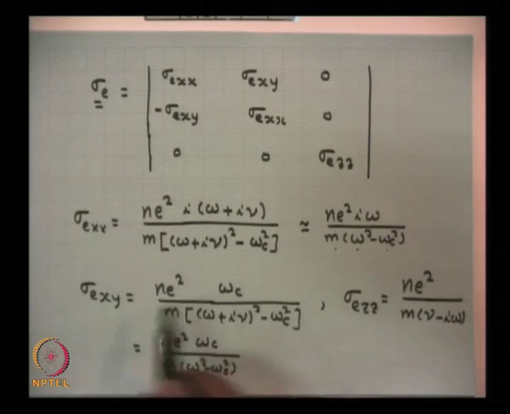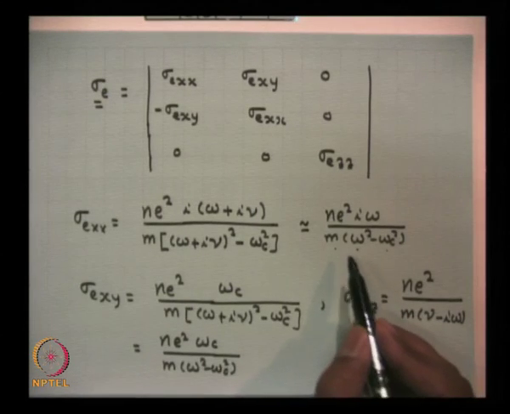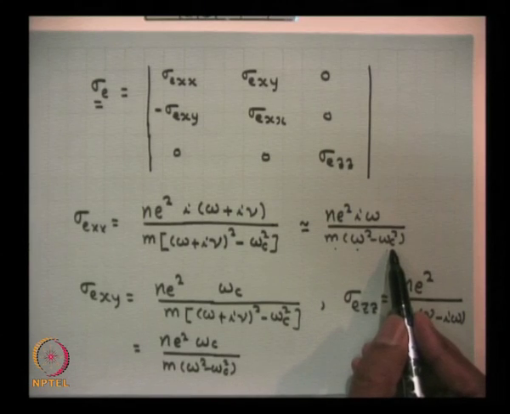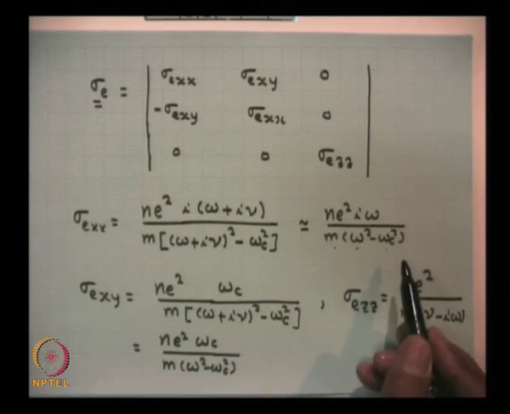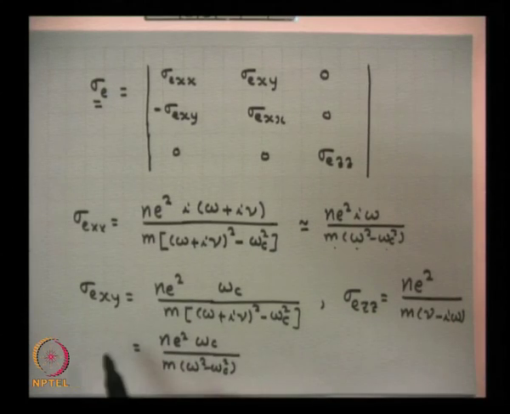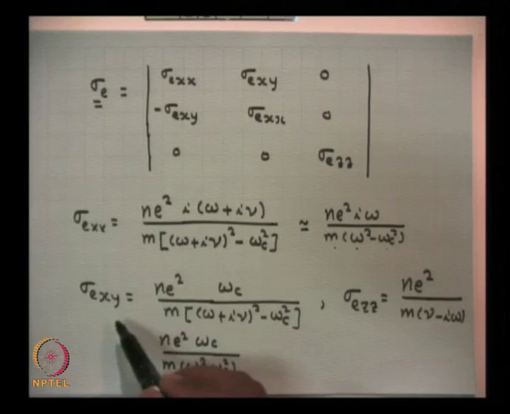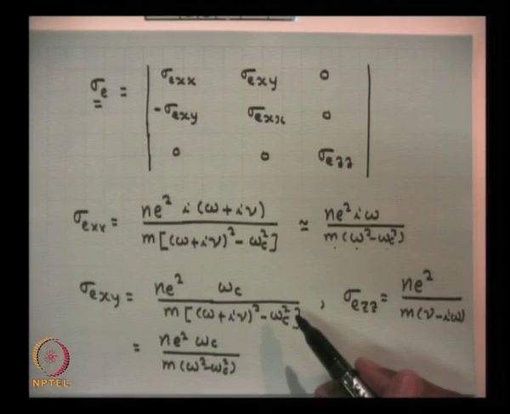In the case of ions, if you write the ion conductivity, these expressions are valid. Just replace the mass of the electron by the mass of the ion and omega c by the ion cyclotron frequency, which is a very small quantity. And it is possible that the ion conductivity could be comparable to or even bigger than the electron conductivity.